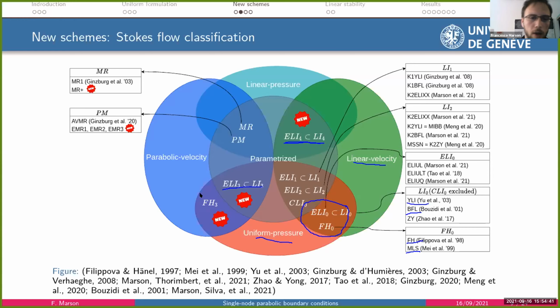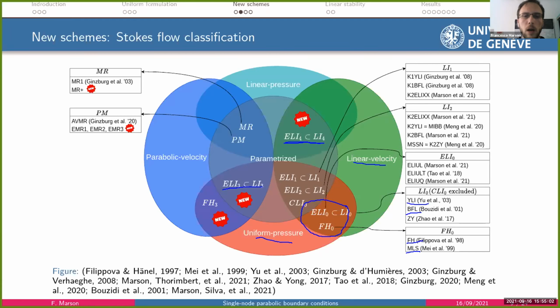We have also applied the K-free correction to Filippova-Hänel, giving it the parabolic velocity accuracy, but not the parameterization characteristic.